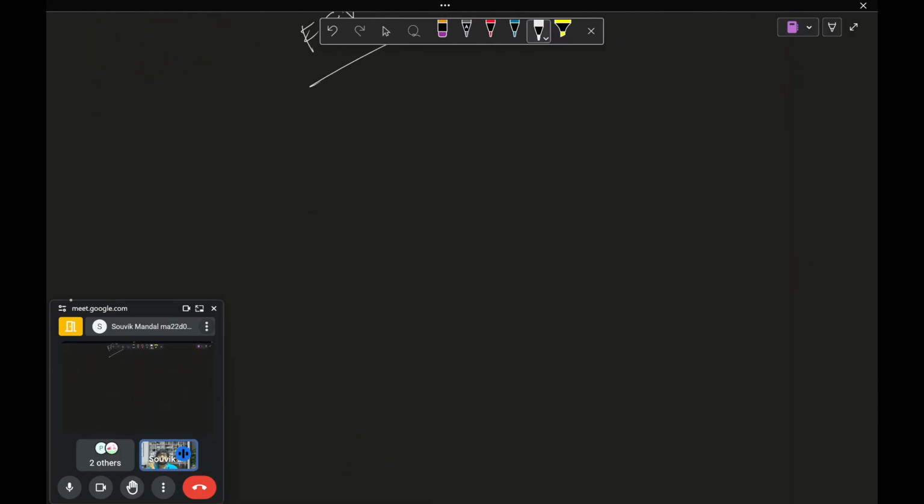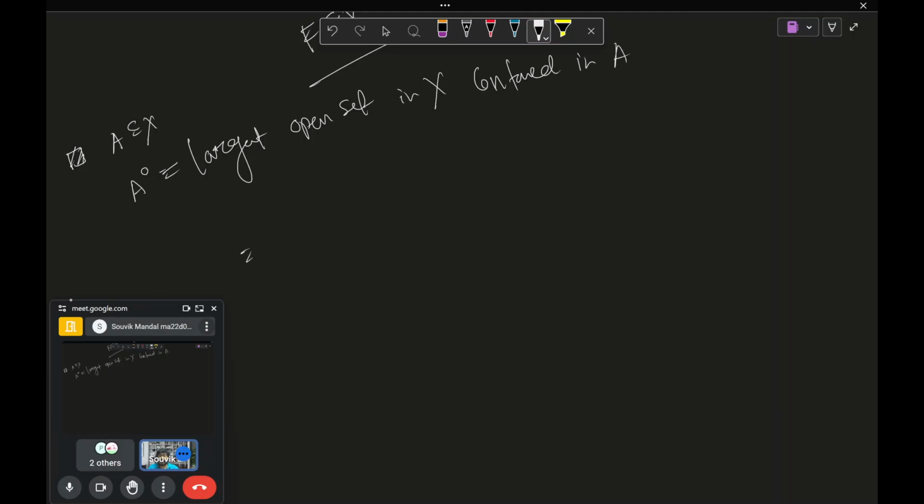Let A be a subset of U. Then the interior of A is the largest open set in X contained in A, and this is the same as the union of all U open in X such that U is inside A. This is by the open set definition.